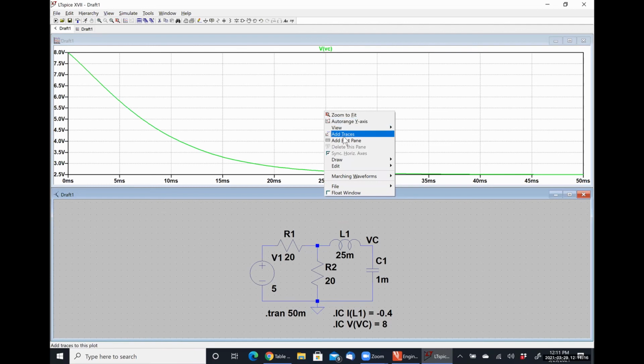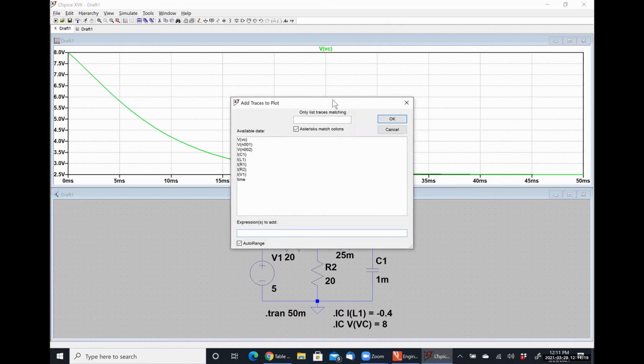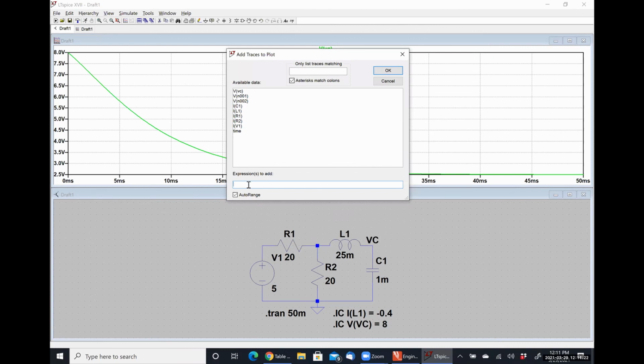Let me add traces. And of course, it's right in the way of where I want to put stuff. So I have 700 times time times EXP of negative 200 times time plus 5.5 times EXP of negative 200 times time plus 2.5.